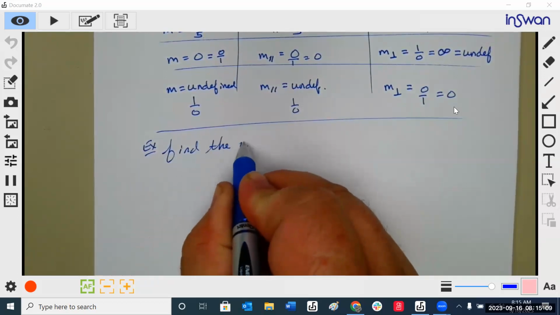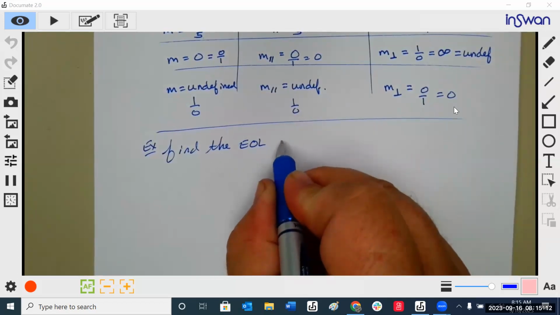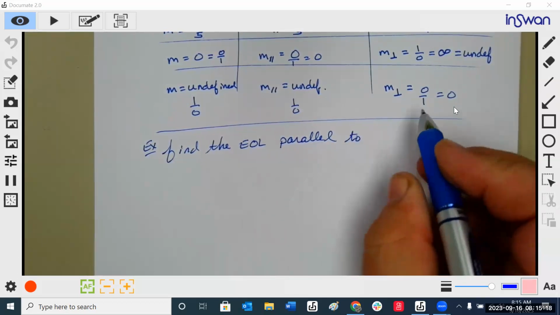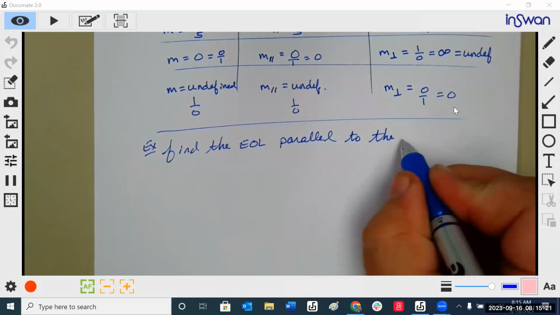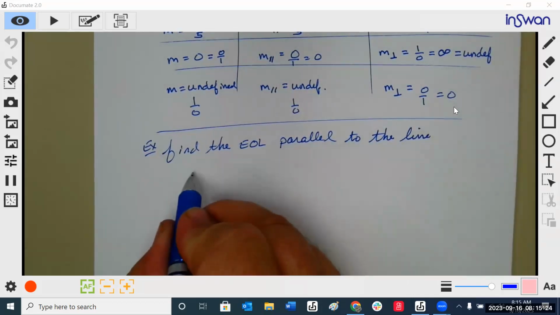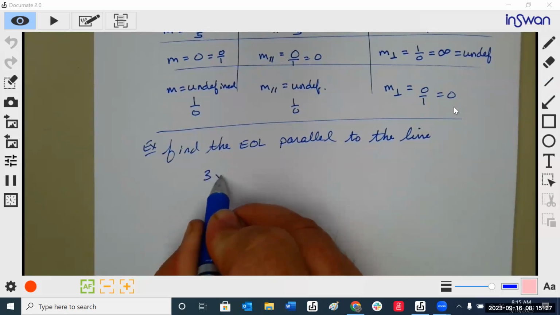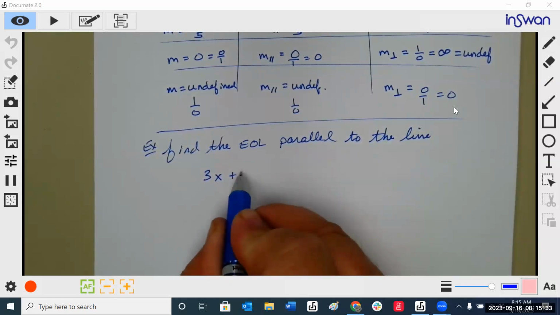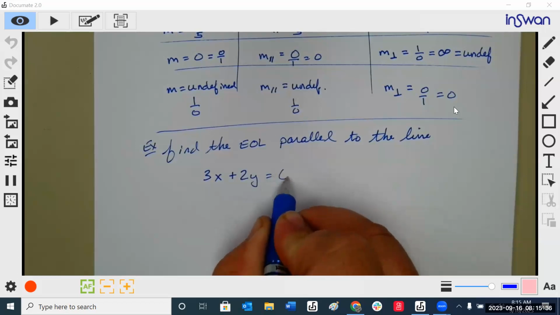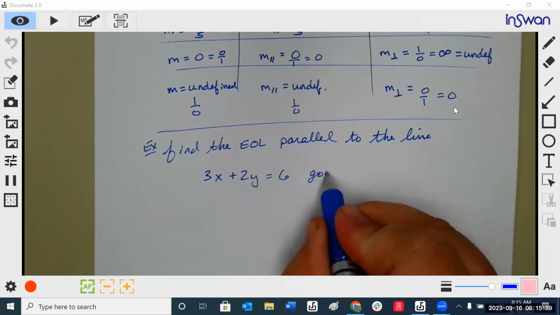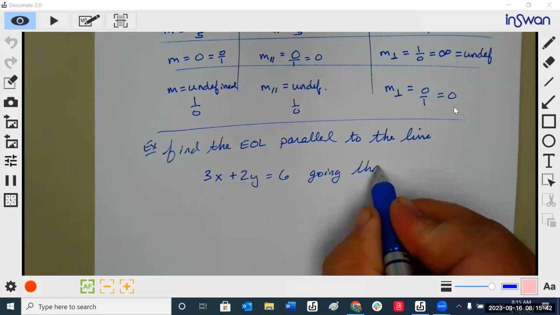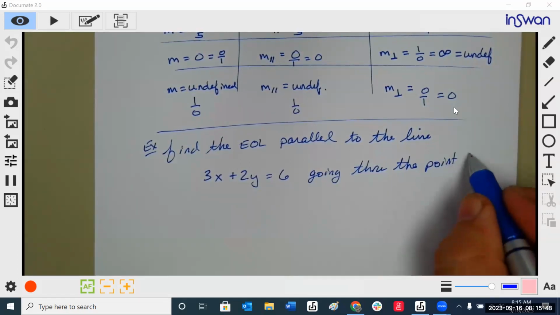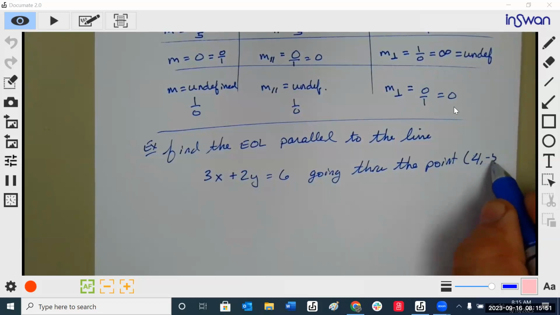Find the equation of the line parallel to the line 3x plus 2y equals 6, going through the point 4, -5.